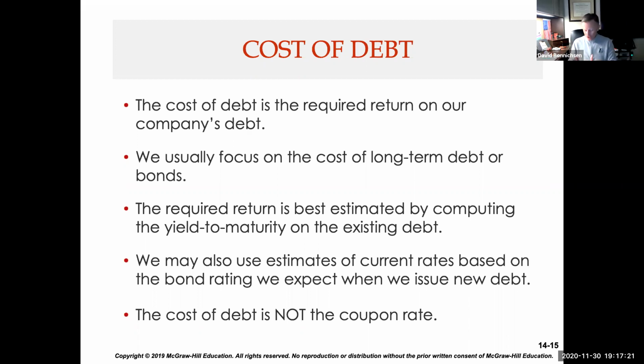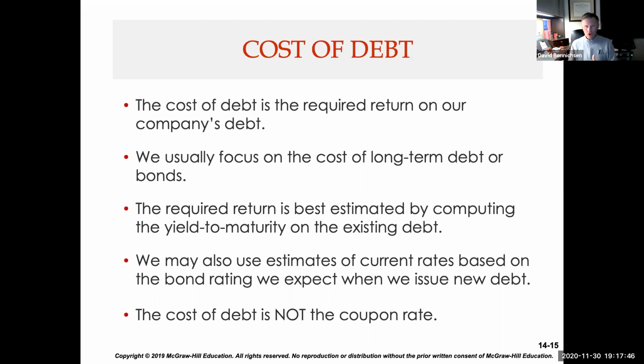Okay, the cost of our debt is related to prevailing market rates. And when we talk about prevailing market rates, we're talking about the yield to maturity, the yield that is required in order to set the net present value of our future cash flow streams related to that debt to zero. Let me say that again.